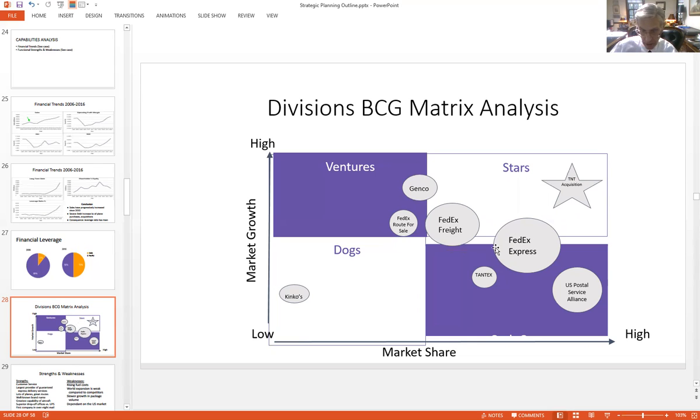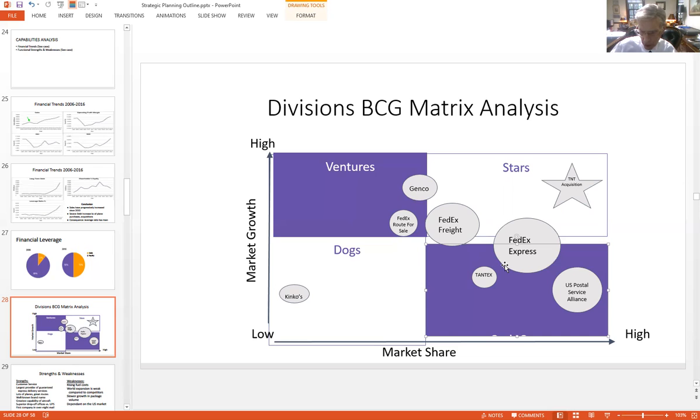And that free cash flow can be siphoned over into the ventures and the stars. Sometimes the stars need new business, but these businesses are called cash cows. And we can't see it here because we don't have the label, but you've heard the term cash cow. And this is a company that is late in the business cycle.